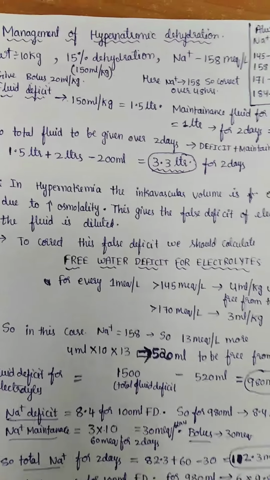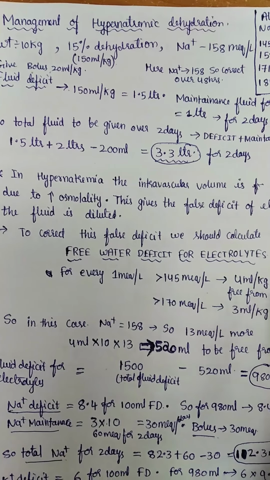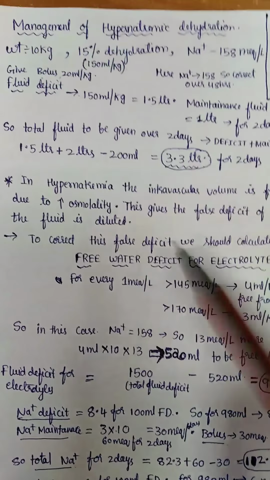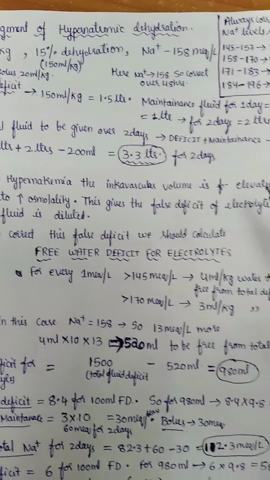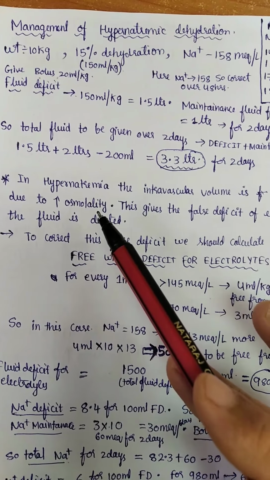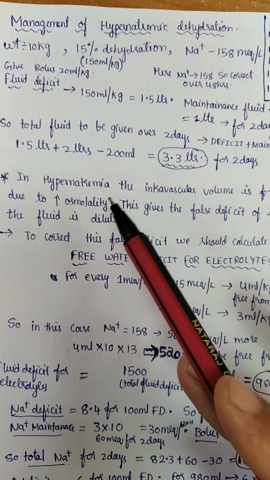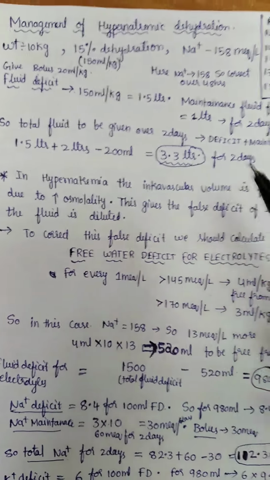In hypernatremic dehydration, calculating the electrolytes is a little bit complicated, because in hypernatremia the intravascular volume is elevated because of increased osmolality due to increased sodium levels.